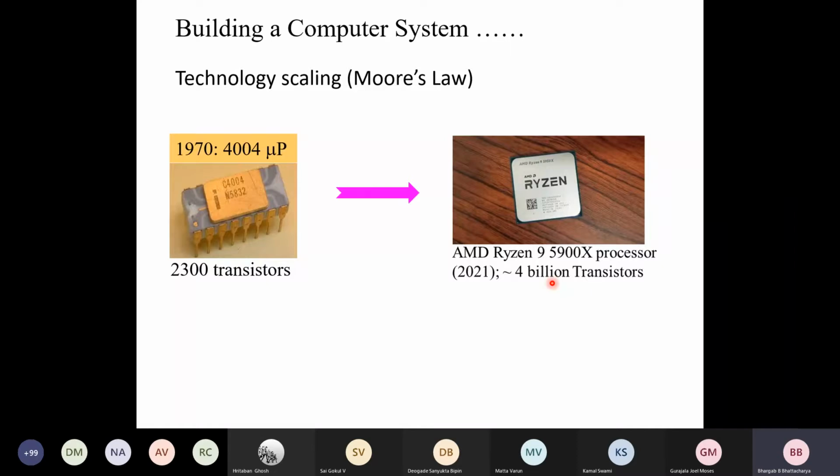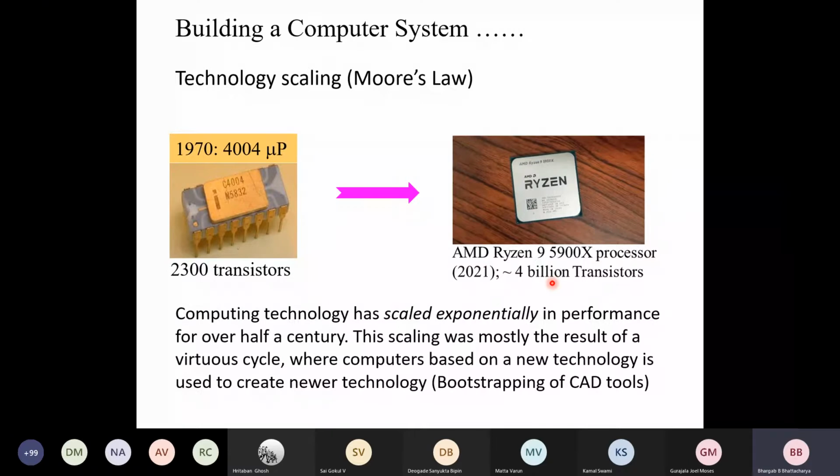Obviously, you need computer-aided design, right? Because it's not possible to handle the design of such a large system manually. So you need computer-aided design tools. What happens is that you use the previous computer to design the new generation of computer, and that is called bootstrapping.